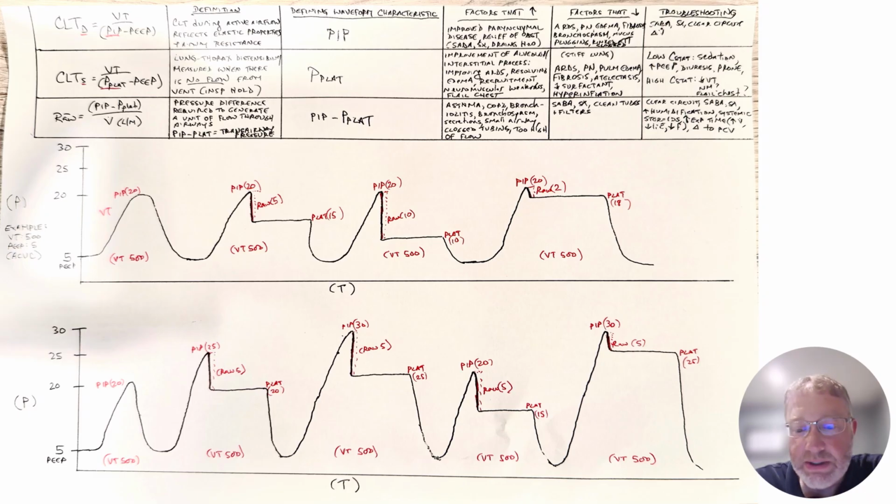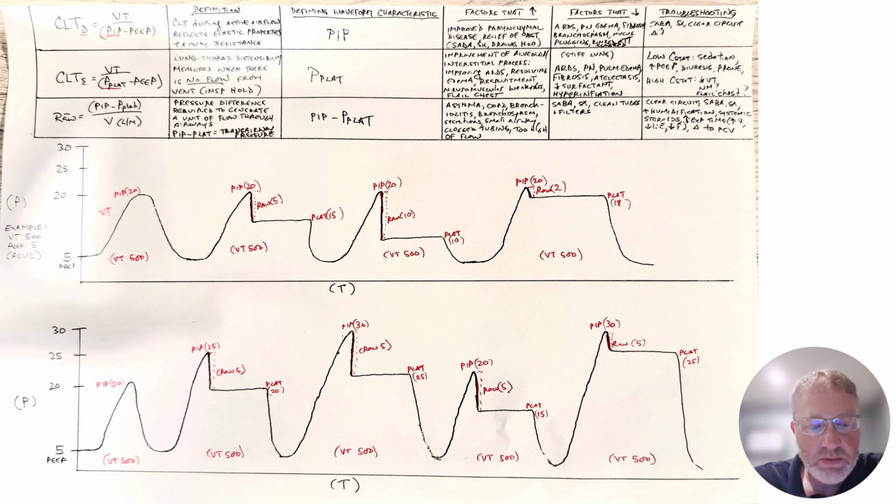Things that will decrease the dynamic compliance: ARDS, pneumonia, edema, fibrosis, bronchospasm, mucus plugging, kinked tube, clogged tube, etc. Troubleshooting for decreased dynamic compliance would be to give a bronchodilator, suction, and make sure that the circuit is clear. So dynamic compliance is PIP, period, the end.